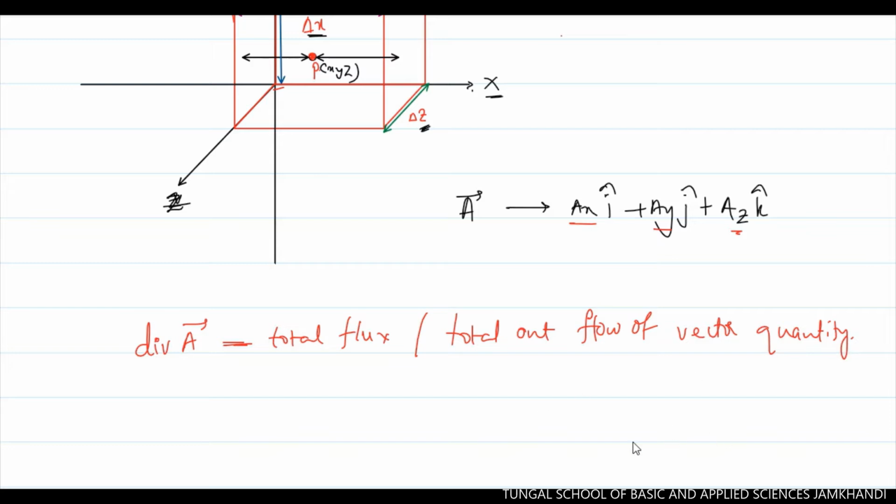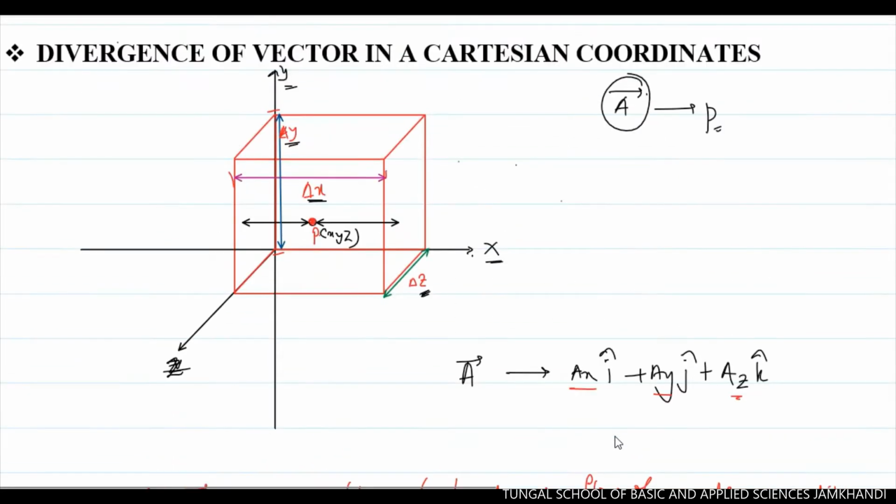Here we have 6 faces of the parallel pipe, you can see in this particular system. This one is the first face along the x-axis, and this is the second face. This bottom one is the third, and the top is the fourth. Then the front one is the fifth, and the back face is the sixth face. There are 6 faces.